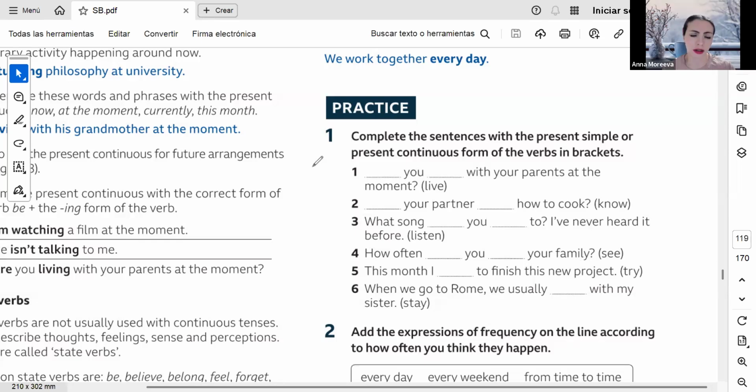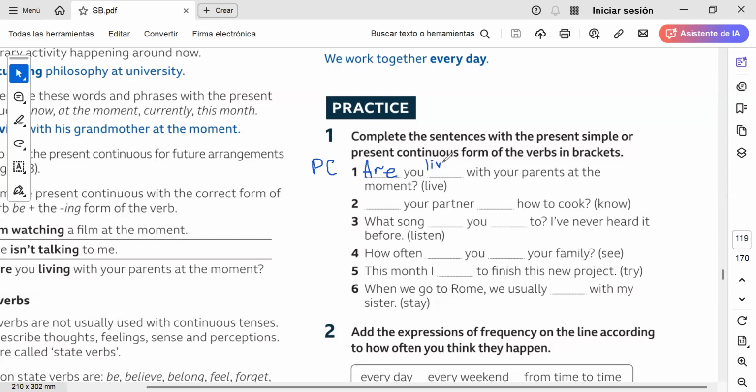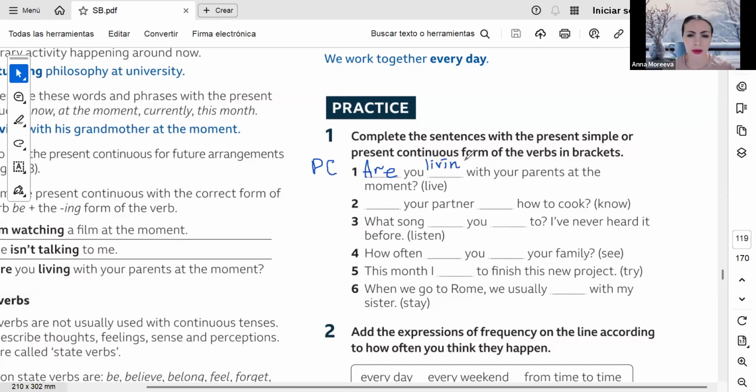At the moment, okay, it's present continuous. So to form it, we will need the verb to be. It's you, so with you, the form is are. Are you? And live, we put -ing, so living. Are you living with your parents at the moment?